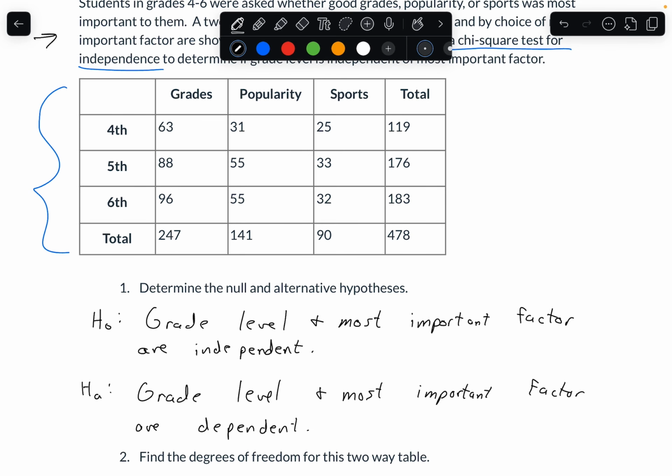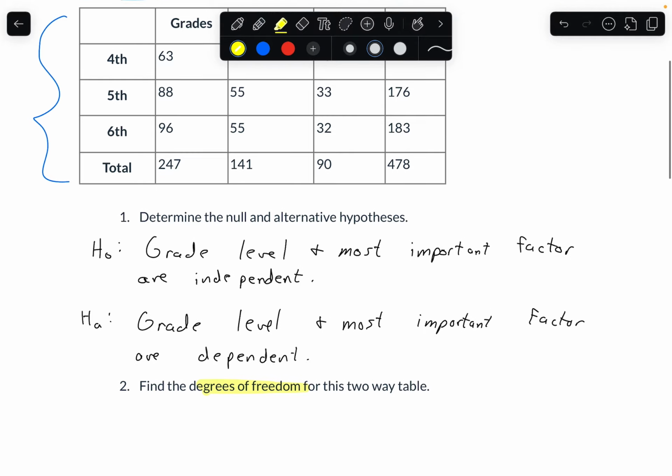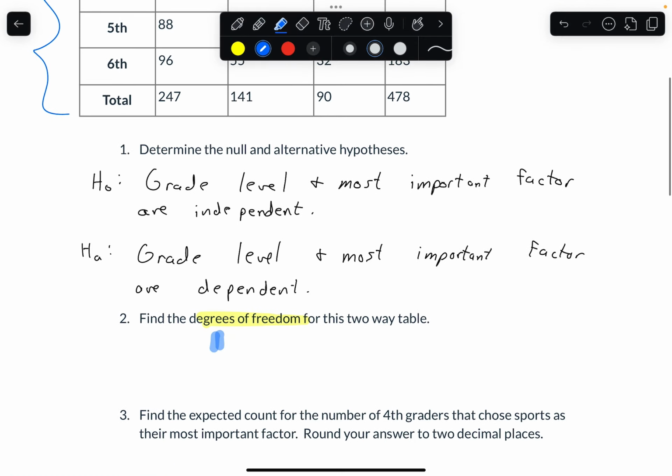So we have those. The next thing that we're going to need to know is the degrees of freedom that we're going to be using for this two-way table. If you remember from the last video, we needed degrees of freedom to calculate our p-value, the area under our curve. So when we talk about degrees of freedom, we need to know two things.